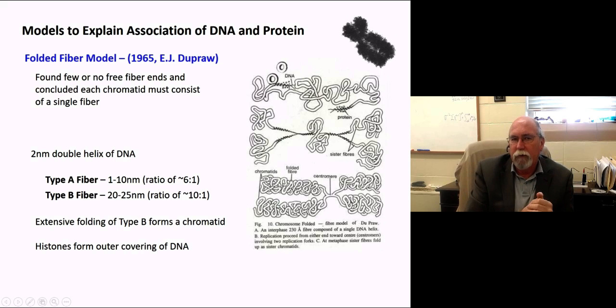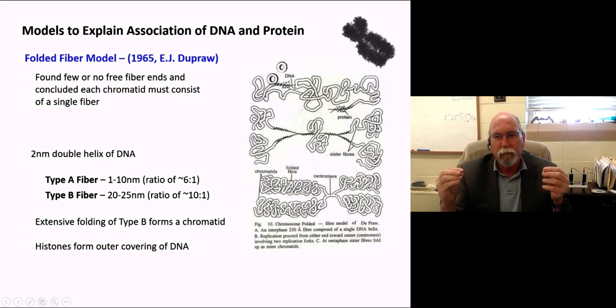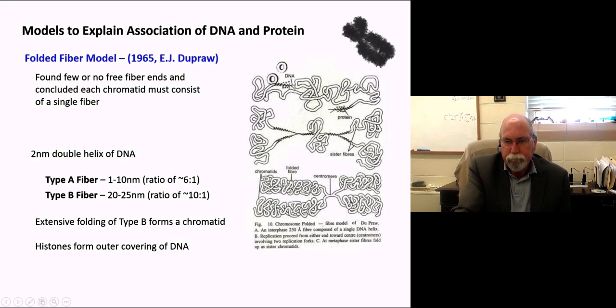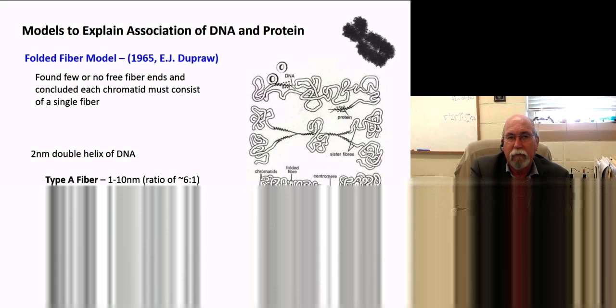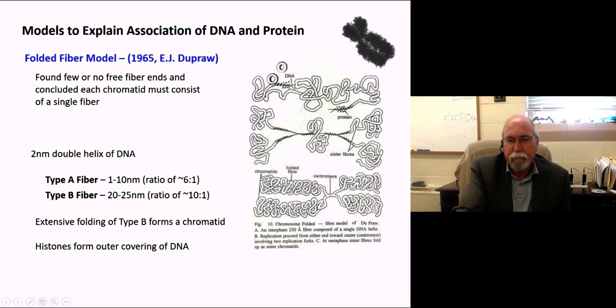Well, there are two primary models that have been out for a while, for 40, 50 years. One was the folded fiber model, which is the idea that these chromosomes are individual units and they're packed out. Now, this fit a number of things. The width seemed to be correct on these models. But what didn't fit, and what made it not a very highly accepted model, is the histone form the outer core idea.